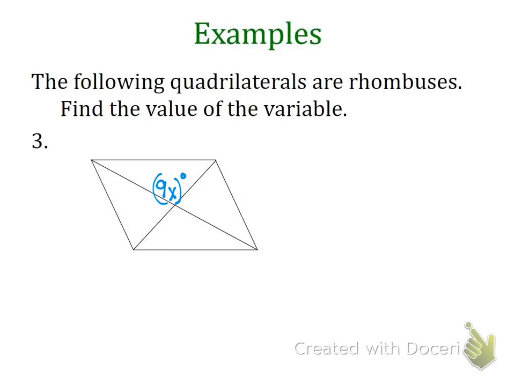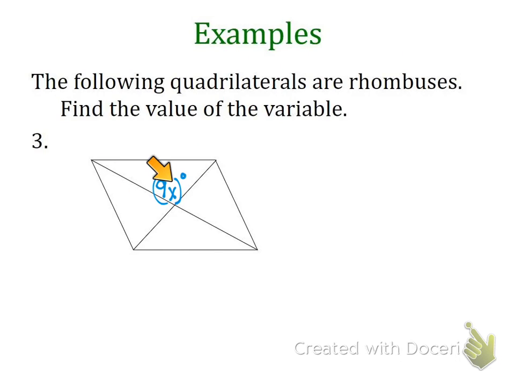Okay, what do I know in a rhombus? These diagonals cross each other. They form right angles. They're perpendicular. In a rhombus, these are perpendicular lines.